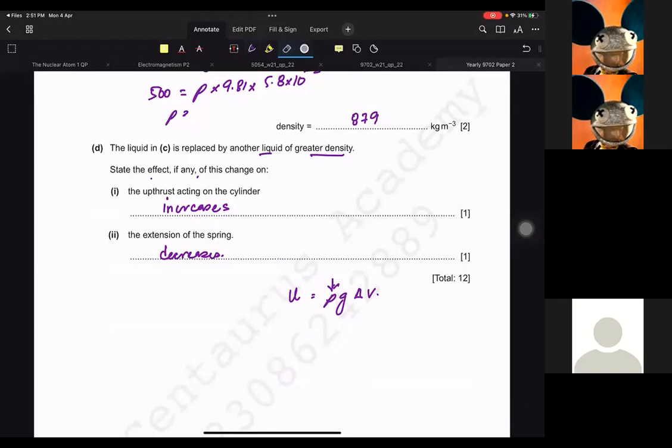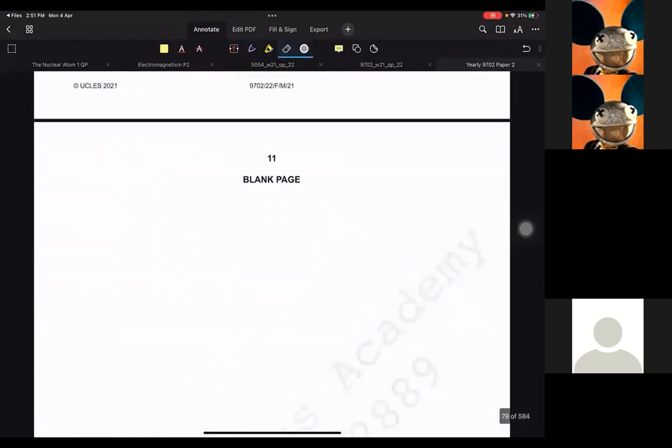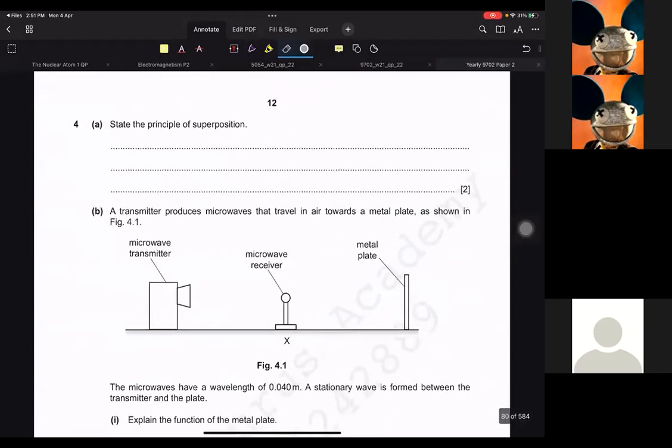All right. Now moving towards the next question, which is the principle of superposition. So this is for 2 marks, please write that when 2 or more waves meet at a point. So this should be the first mark.